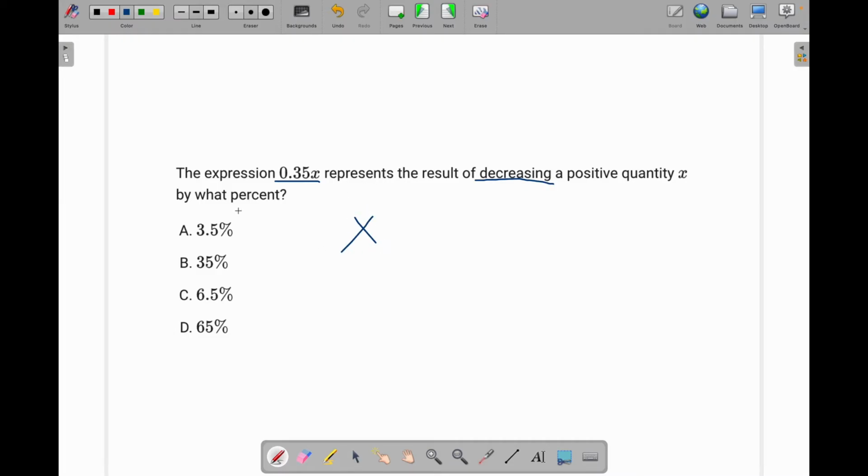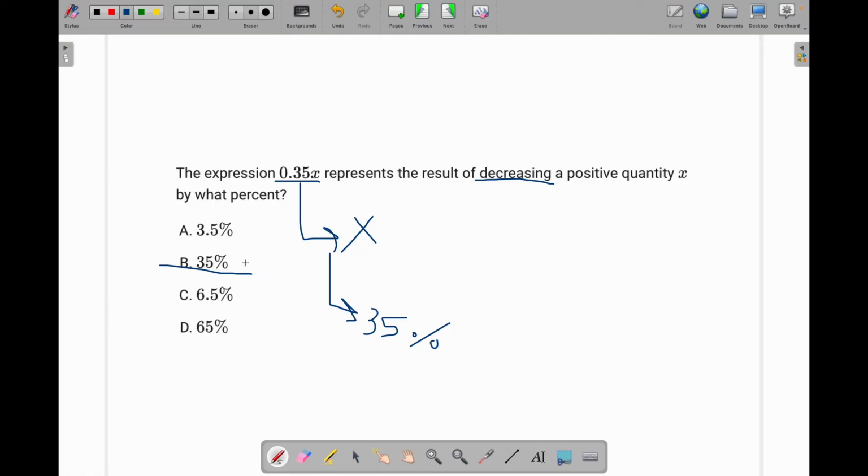So x is our original value, and what this 0.35 is telling us is that it's going to be 35% of its original amount. So we're converting this decimal into a percent, meaning this x value is 35% of what it used to be.